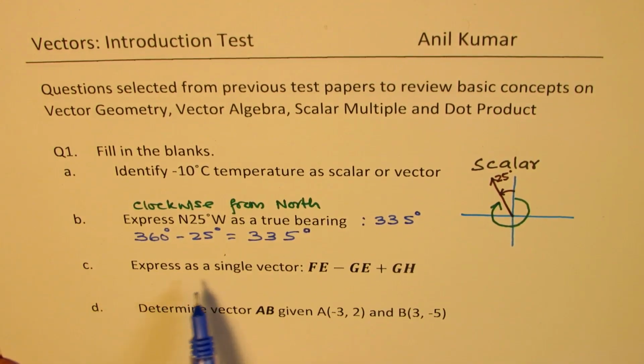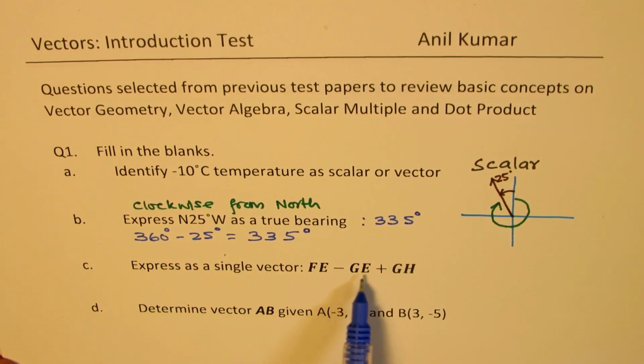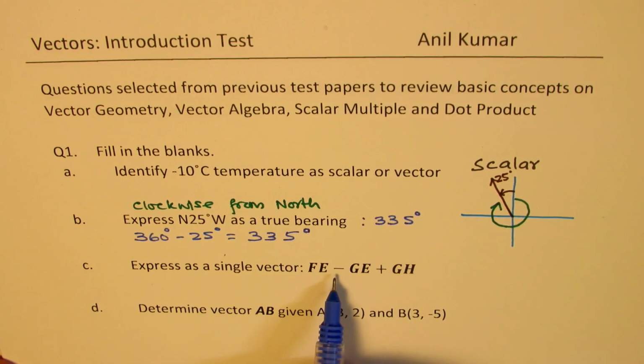C. Express as single vector. So vector FE minus vector GE plus GH. Now whenever we type, bold letters will indicate vectors. Now minus GE could be written as plus EG.